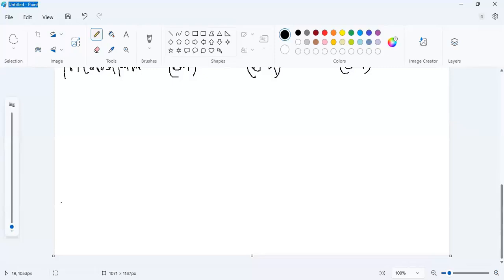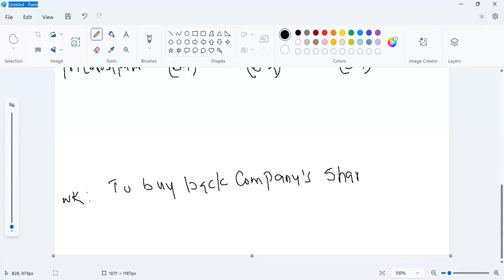I'll go to working 3. To buy back the company's shares with 100 million.